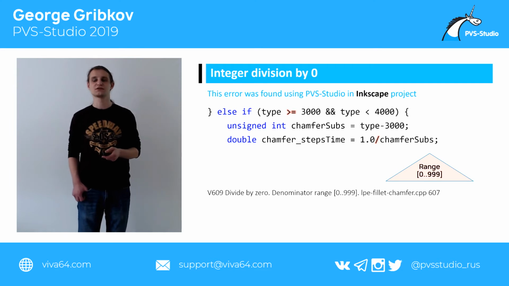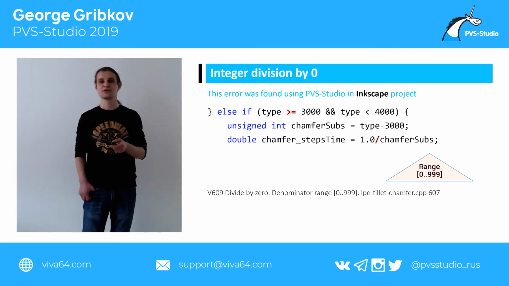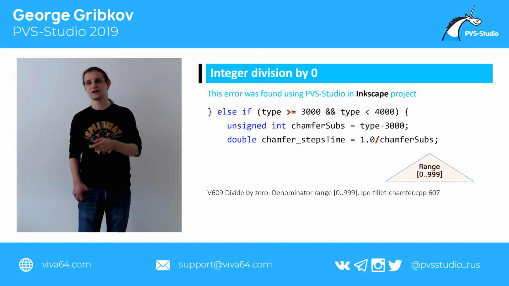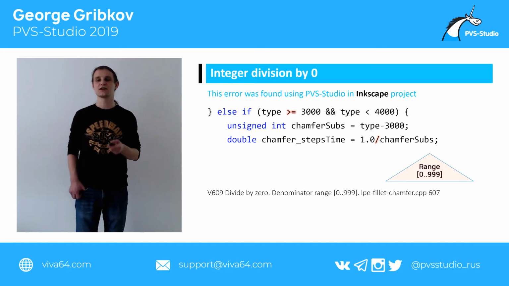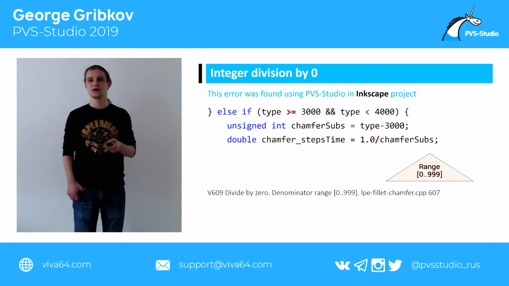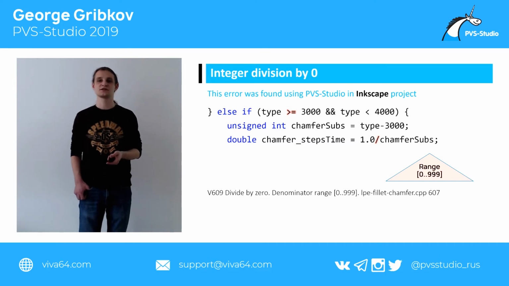This rule is also based on Dataflow Analysis. The analyzer sees that first the value of the variable lies in the range from 3000 to 3099. And then we subtract 3000 from it, and the resulting value from 0 to 999 is then in the denominator. This is what the analyzer warns us about.